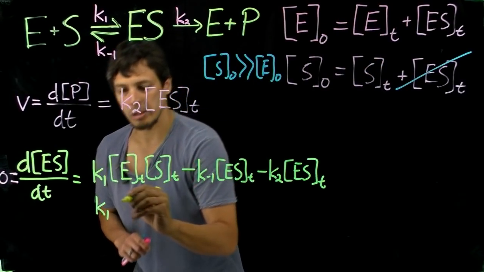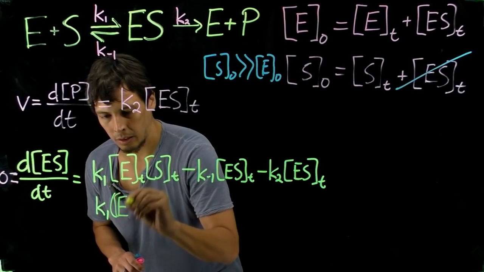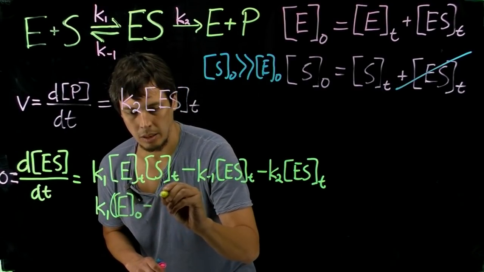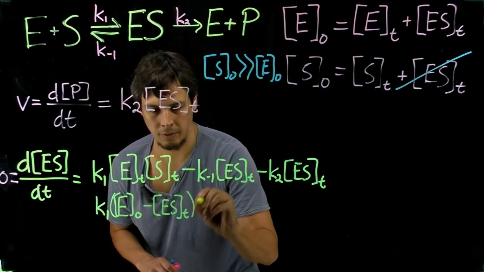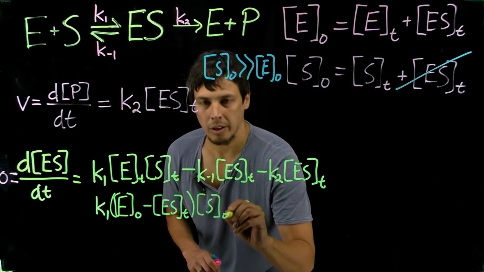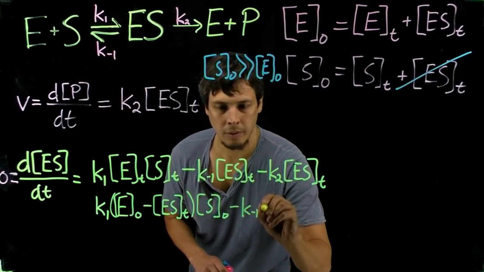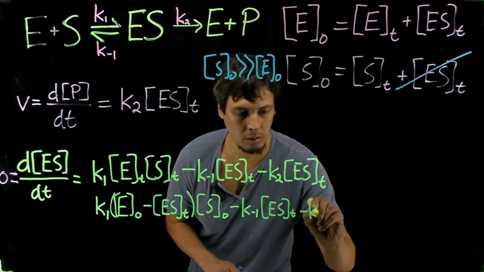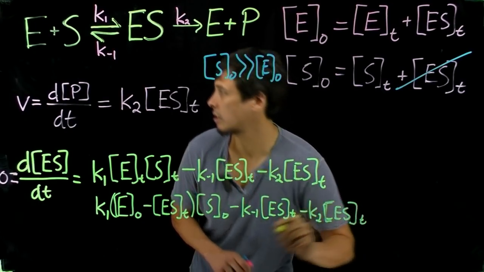We rearrange this equation for E of t, and that gives us E naught minus ES of t, times S naught, again something that we control, S naught is experimentally controlled, minus K-1 ES of t minus K2 ES of t.